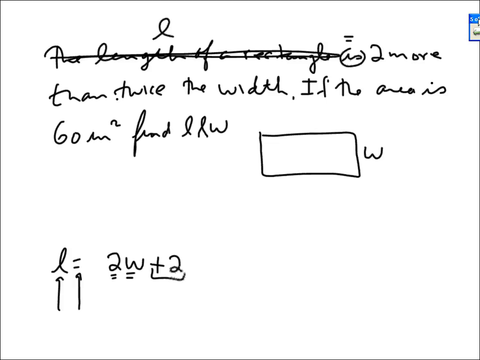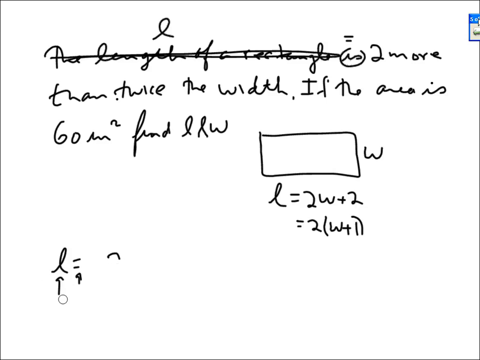The width is W, and the length we just learned is 2W plus 2. For the record, when I factor out the 2, it is 2 times W plus 1. And the area, you need to know the formula for the area. A for area, okay? The area of a rectangle is length times width.